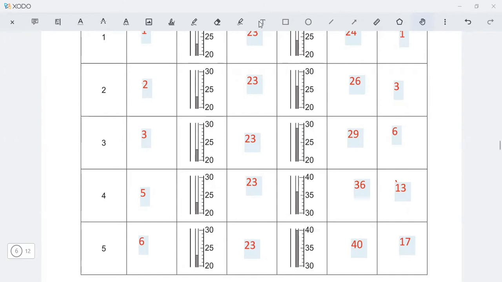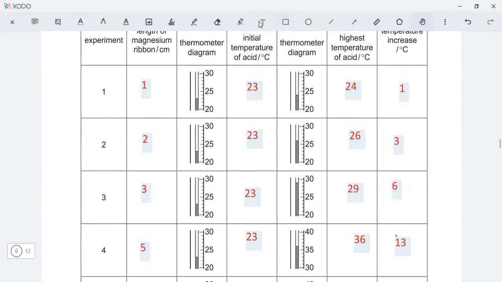Then you have to find the difference, the increase of temperature. So for the first experiment, look at it, the initial is 23 and the final is 24. So 24 minus 23 is equal to 1. The temperature increase is 1, followed by 3 here, because it is 26 minus 23, which is equal to 3.